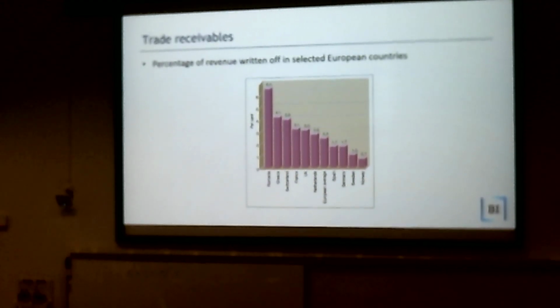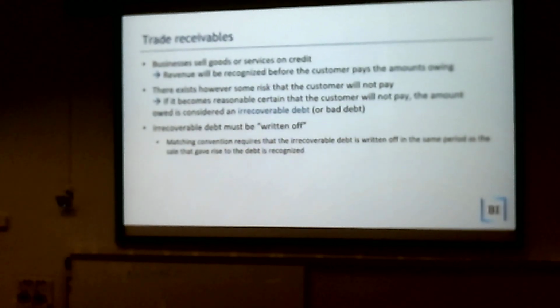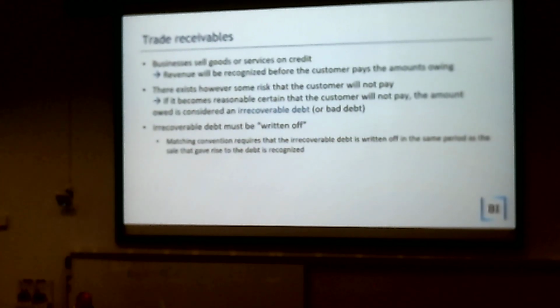And in the end, what is done here is that it's considered an expense, and thus decreases profit, decreases equity, and in the balance sheet to cancel. So you write it off in the balance sheet, you get rid of, let's say, 1% of the trade receivables and regard this as an expense.